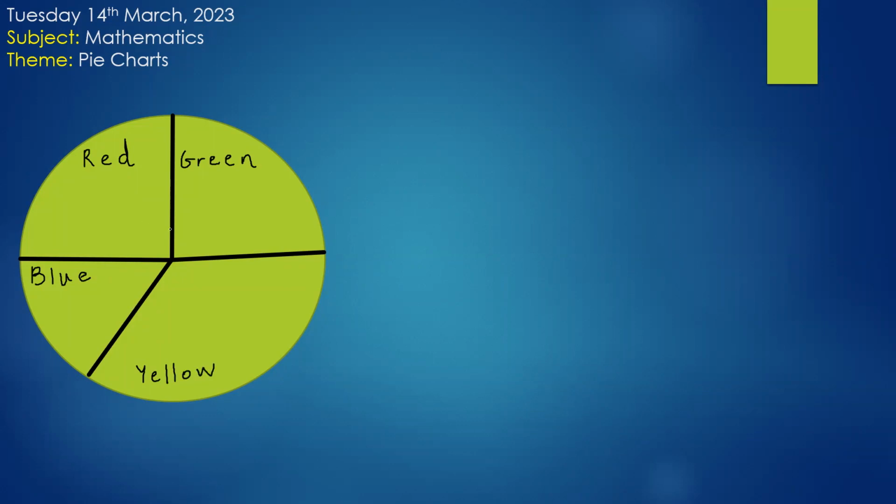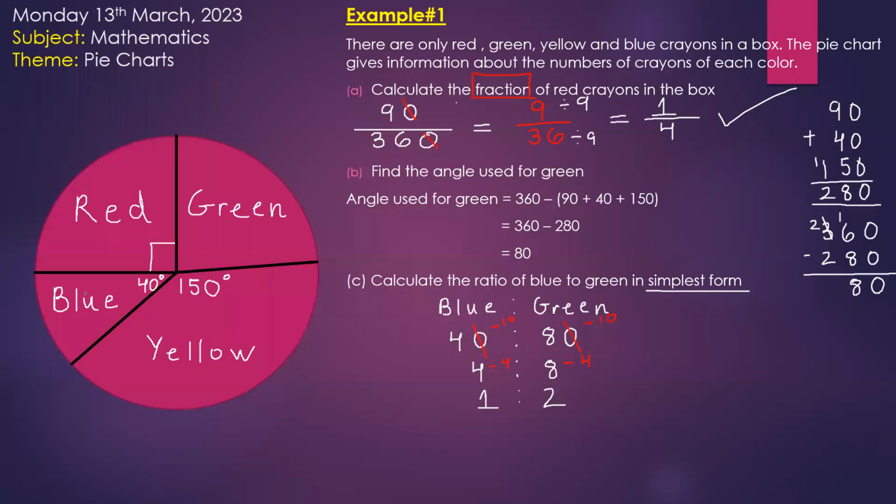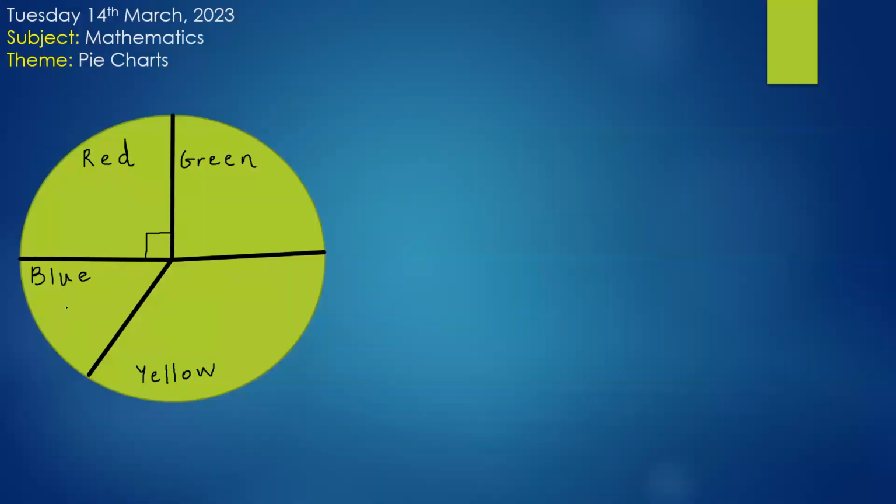For the red, it's still going to be 90 degrees. For the blue, what was that first? The very first one, we had 40 and 150. Okay, so it's going to be 40 degrees for the blue, and for the yellow, it's going to be 150 degrees.